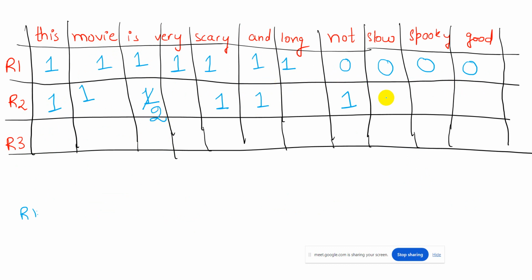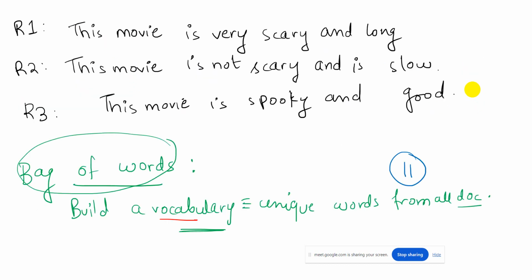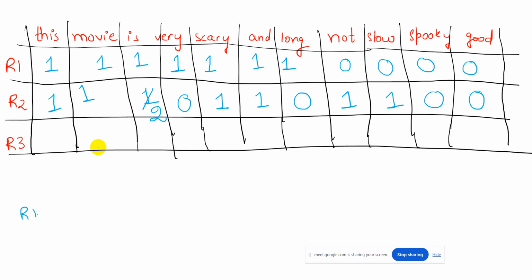The words that didn't appear, you write 0. Now can you write for the third review and tell me what your vector comes out to? This movie is spooky and good. Other places 0.